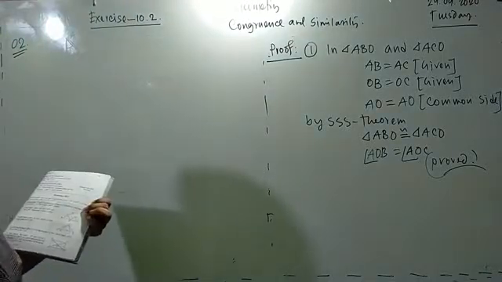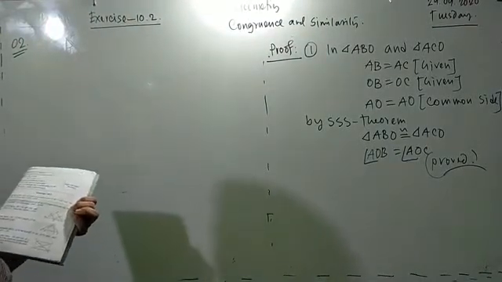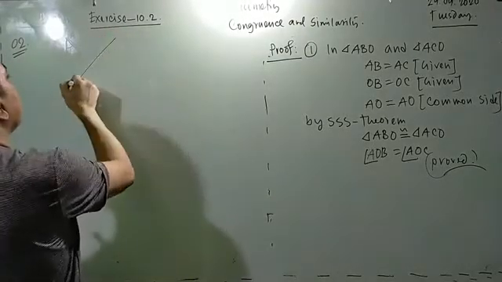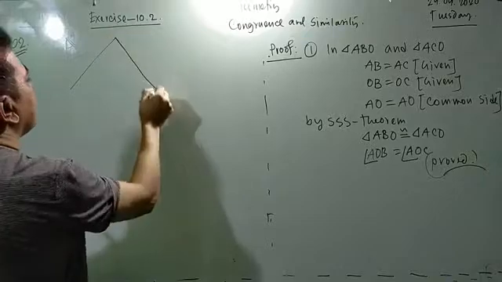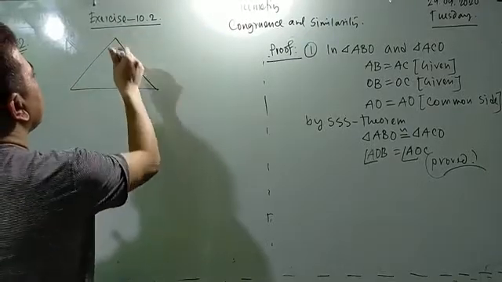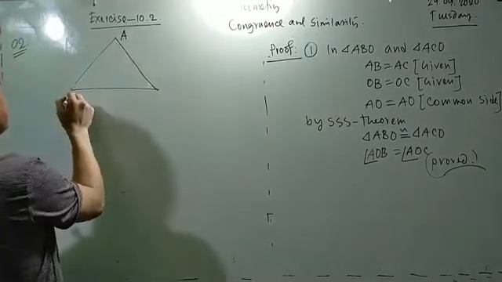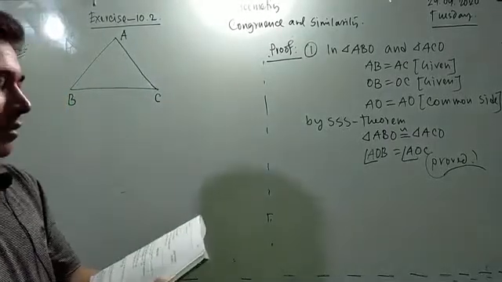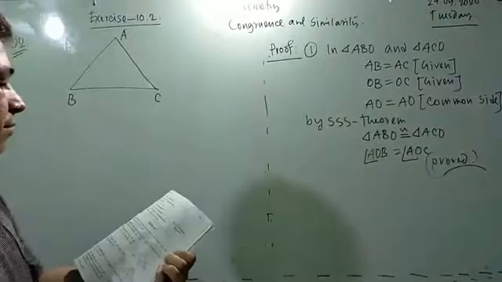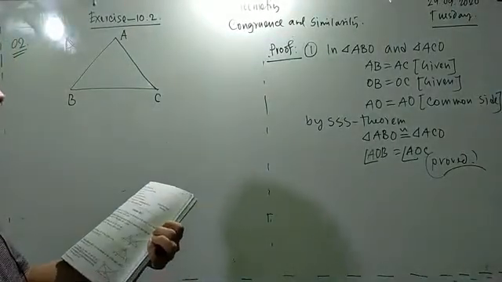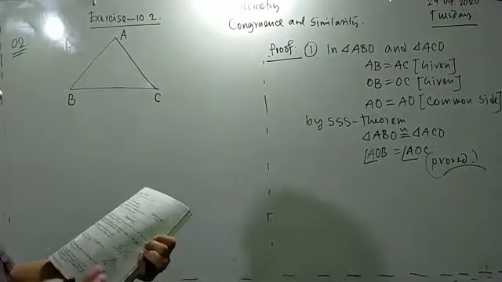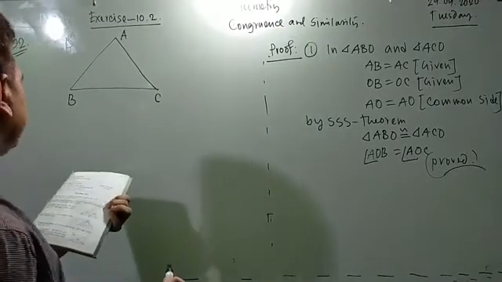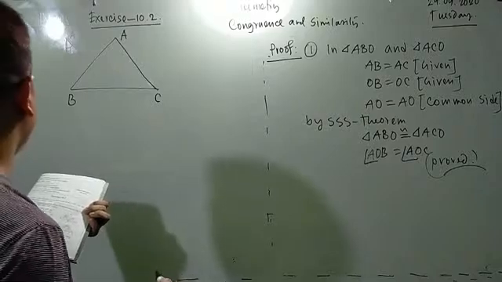Number 2: in the triangle ABC, D and E are points on AB and AC. So look at that here, I have taken one triangle ABC. So this is A, B and C, triangle ABC. In triangle ABC, D and E are points on AB and AC respectively, such that BD equals CE.